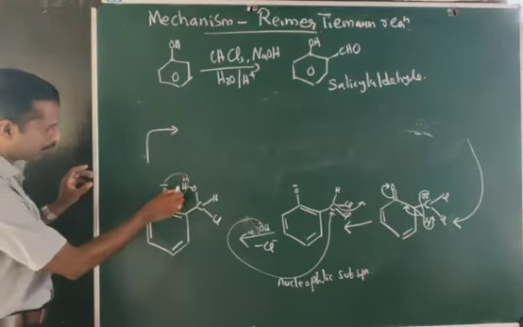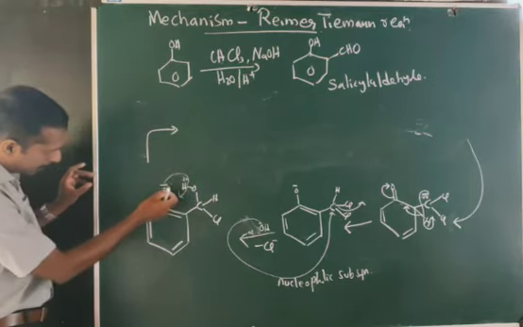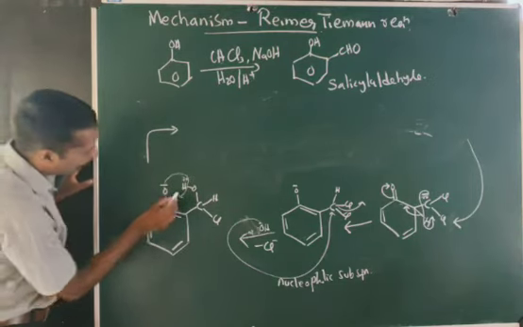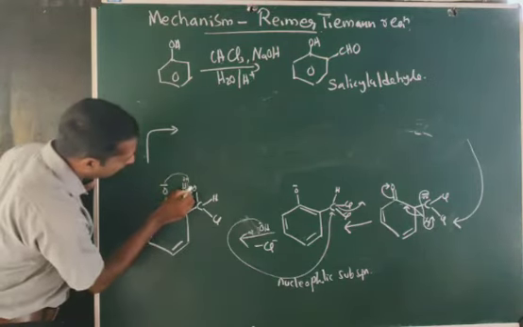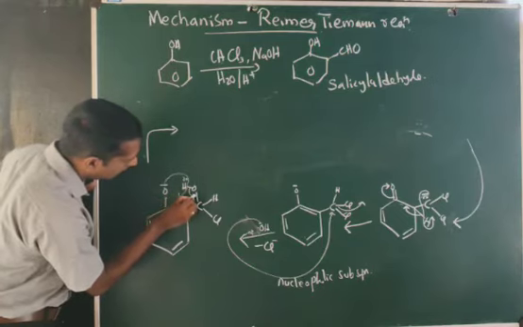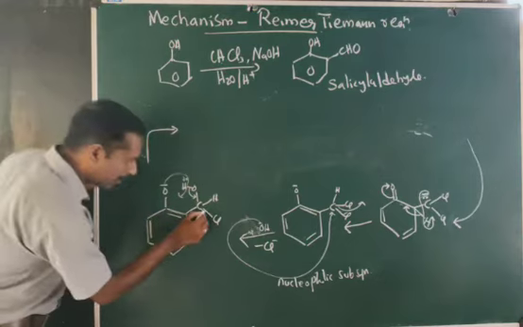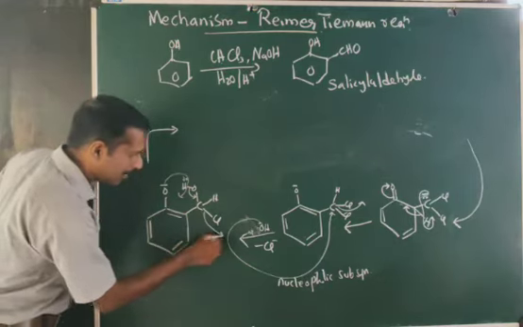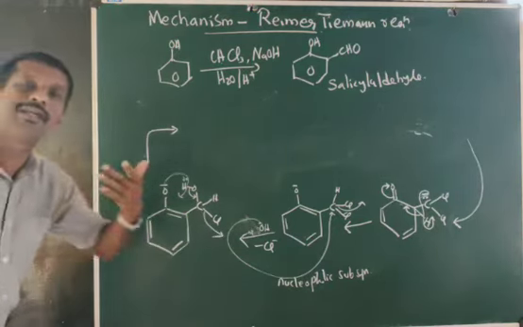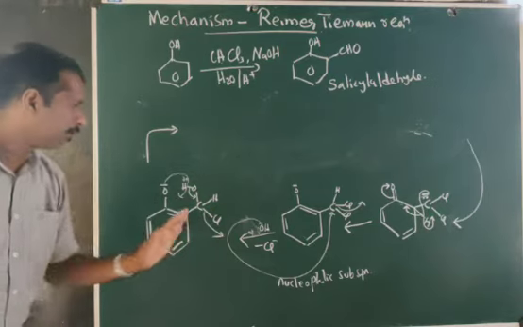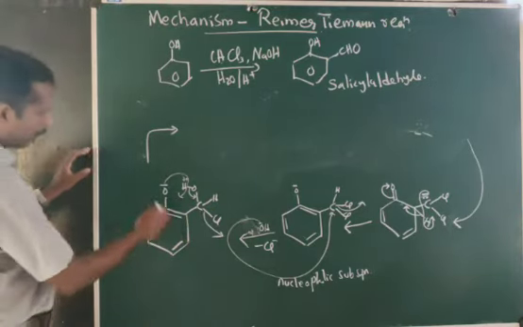That means it will change into OH. Then this bond will be shifted to here, so here it will become a double bond. Simultaneously, Cl will be eliminated, because Cl is a good leaving group.